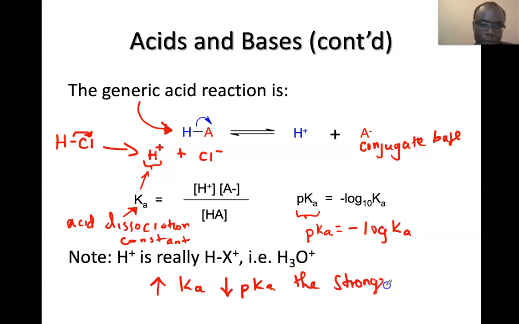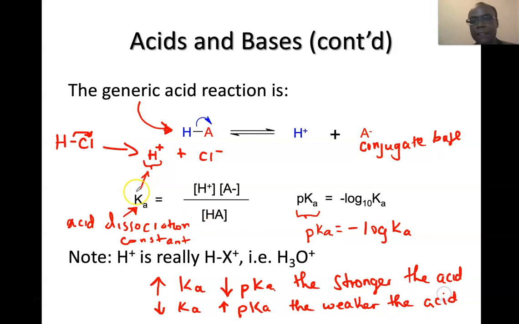Of course, the opposite is true. The lower the Ka value will mean a bigger pKa value, and that in turn means that the acid is weak. The weaker the acid.